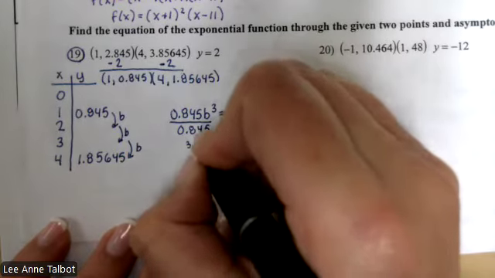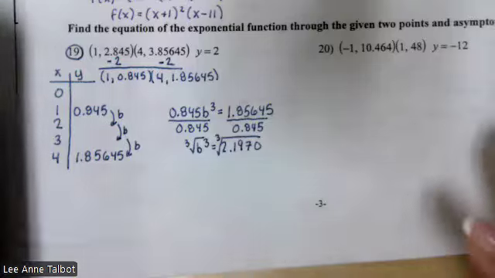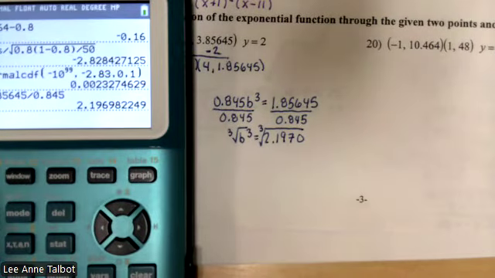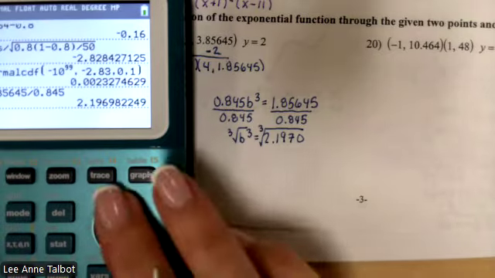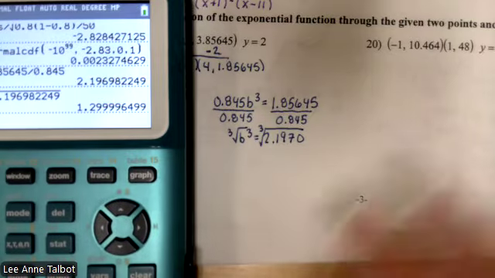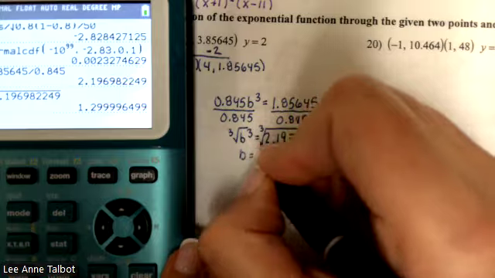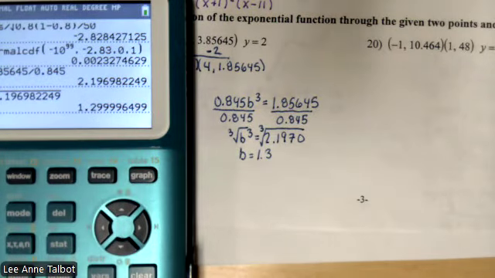Cube root both sides. Oh, 1.3. It wasn't that bad.